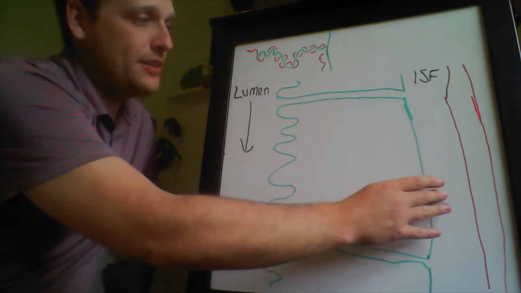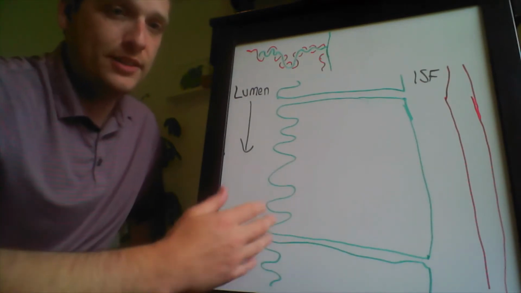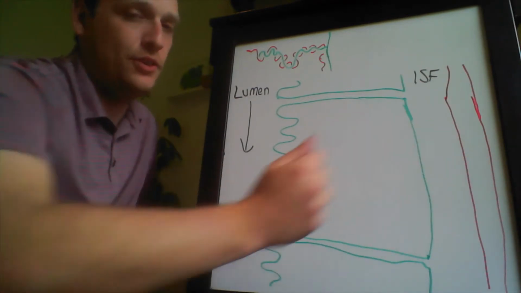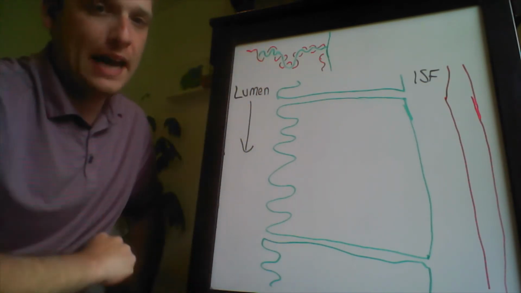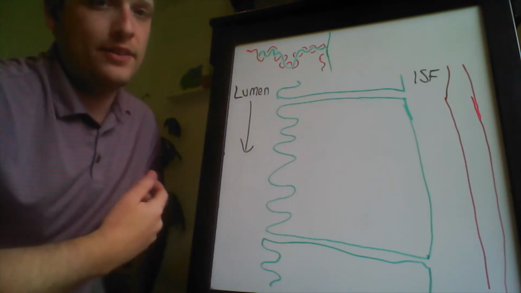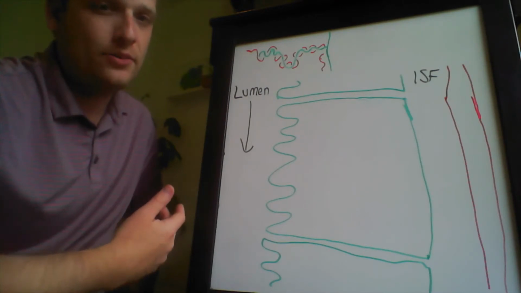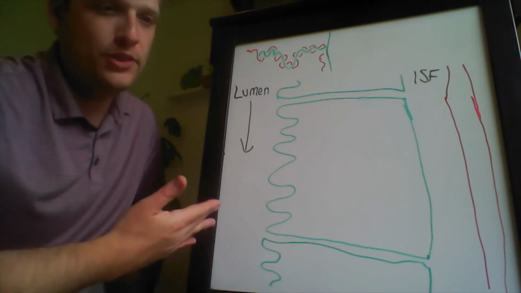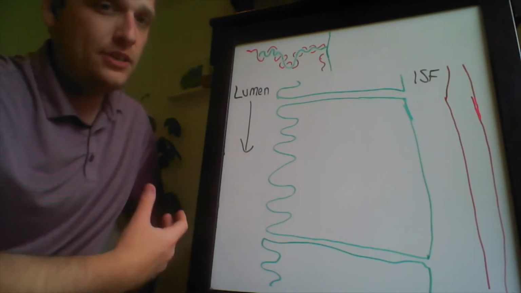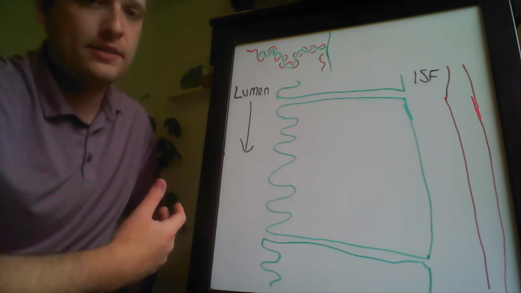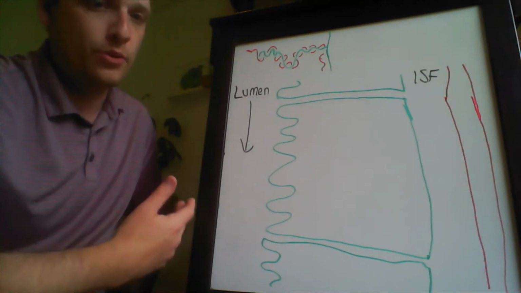And material that's put into the interstitial fluid can then diffuse back into the peritubular capillaries that surround the nephron. So this is how anything that's been filtered out of the blood that needs to return to the blood is returned, is through this process of reabsorption.